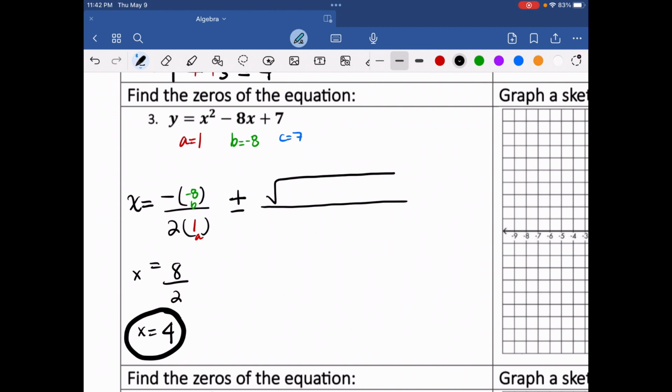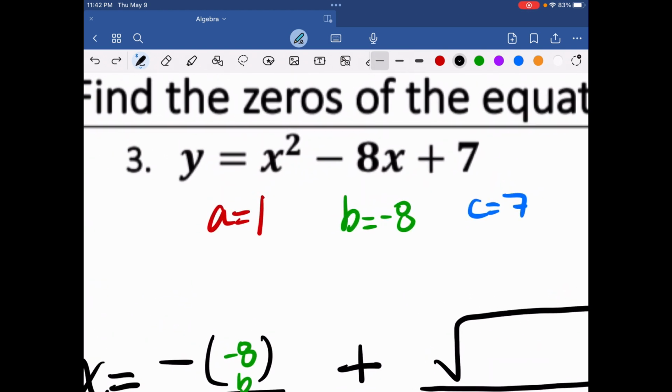Okay, we should know how to find this answer and what it tells us. It tells you the vertex. Now you know the x, you plug it back into the original equation and you will get the y for the vertex. Where you see an x, you change it to a 4. So if I come back up here, I would put 4 squared minus 8 times 4 plus 7.